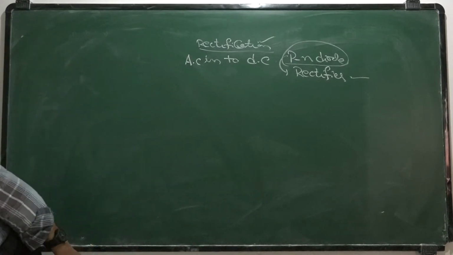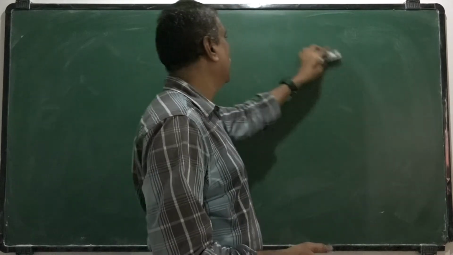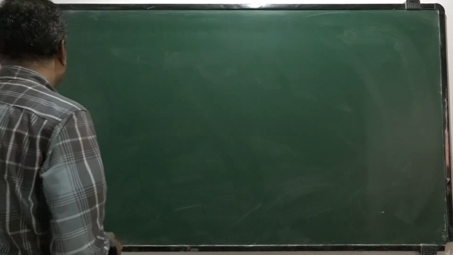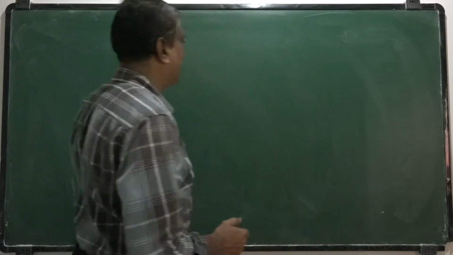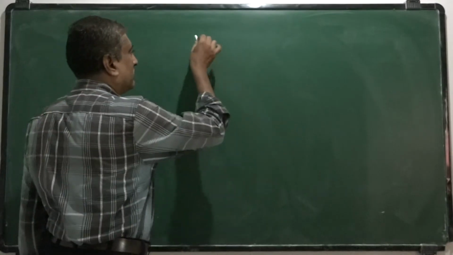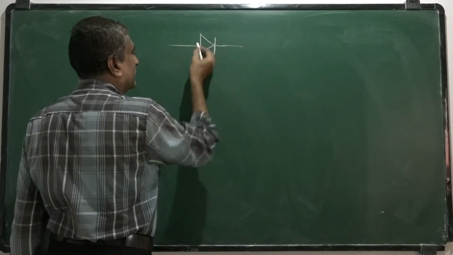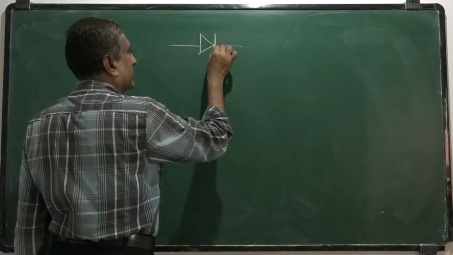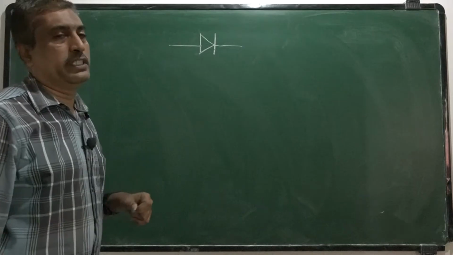Now we will see how the PN junction diode rectifies. First you have to remember: this is P and this is N, the circuit symbol of the PN junction diode.